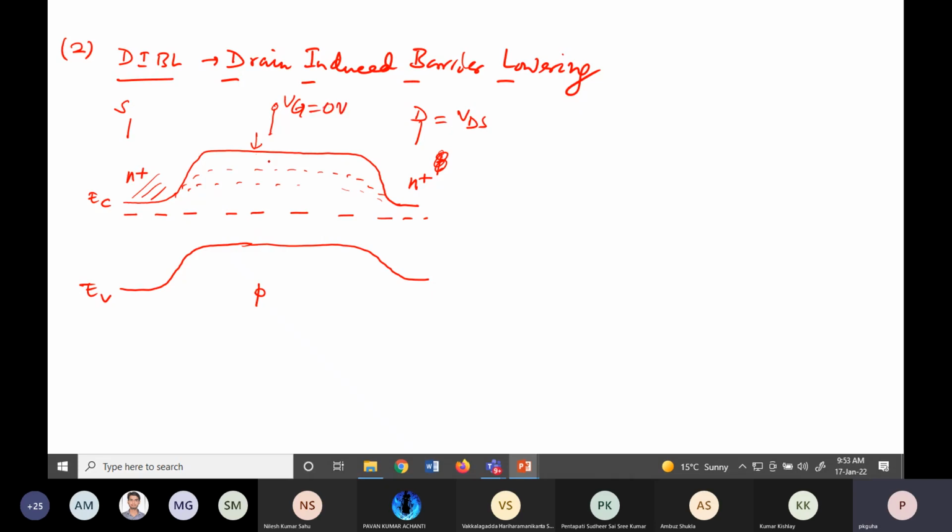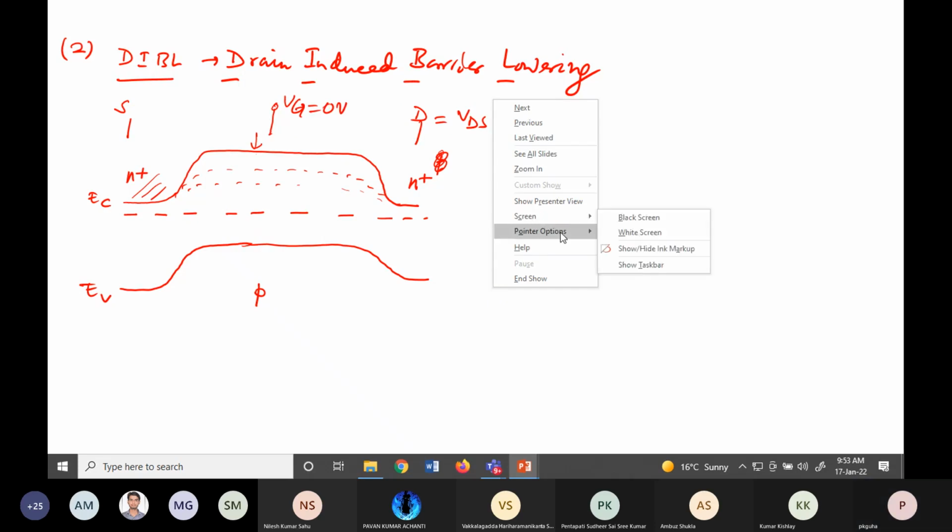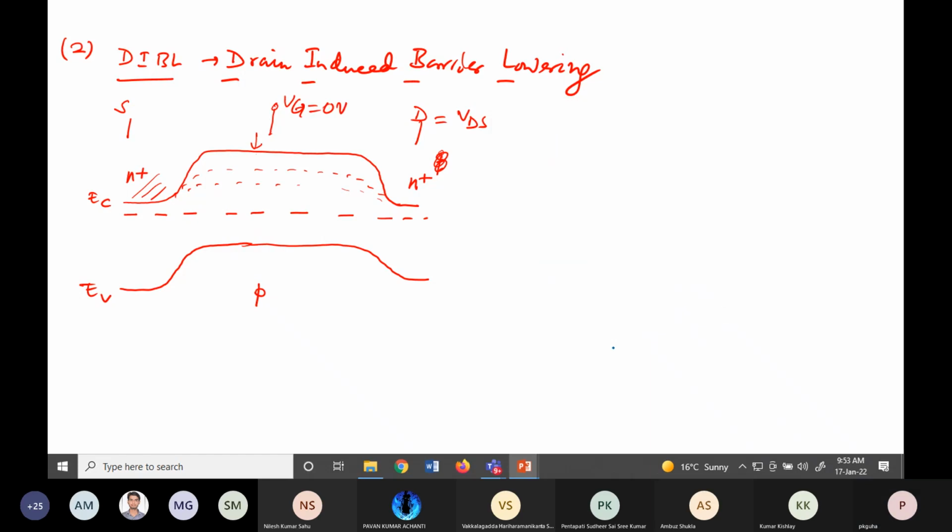Okay, if you apply drain voltage, then what will happen? This will be lowered because we are applying drain voltage. If you apply more drain voltage, this will be lowered more, right? But still from the source side, electrons will not be able to cross the barrier.